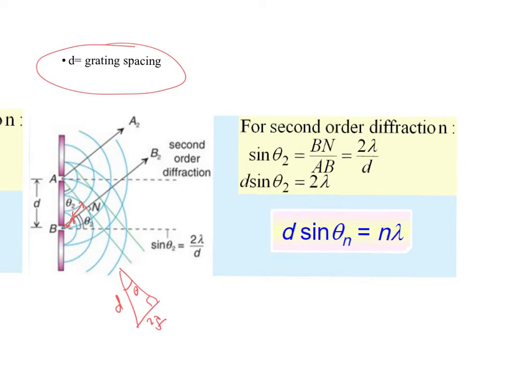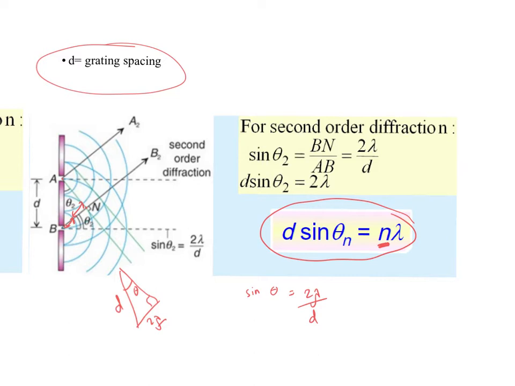So again, sine theta is equal to 2 lambda over the grating spacing. You can see that if I keep doing that for every order, it will always be an integer multiple of the wavelength. So the general equation is this.